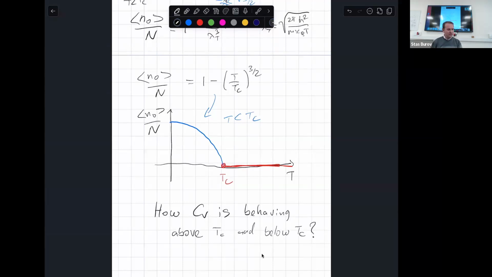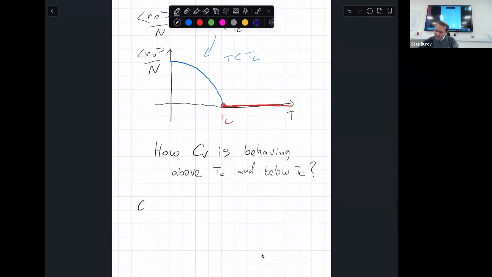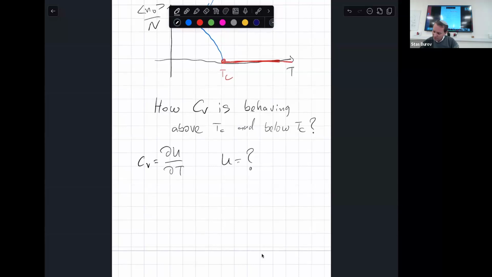In order to do this, if you remember, CV equals dU/dT at constant volume. So we need to find U. What is this U and how does it behave?